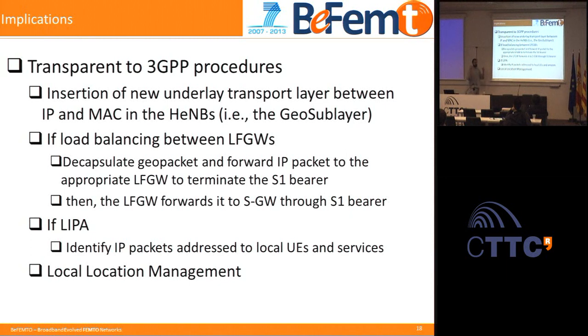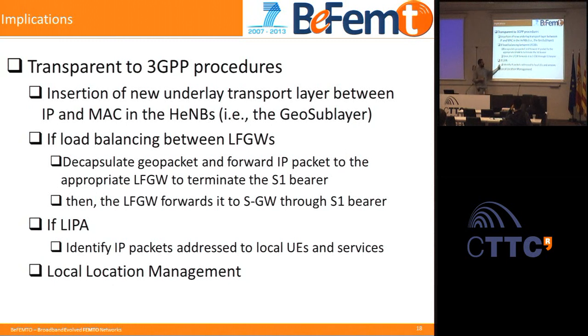Then there may be an issue, because you might recall that the local femto gateway has a bearer established with the home node B. So this means that in the end, the packet must reach the original local femto gateway. So if you go out of the network through a certain local femto gateway, what we are assuming in this case, for example, is that you have a wired connection that makes the IP packet reach the appropriate local femto gateway. Well, there are some issues related to that.